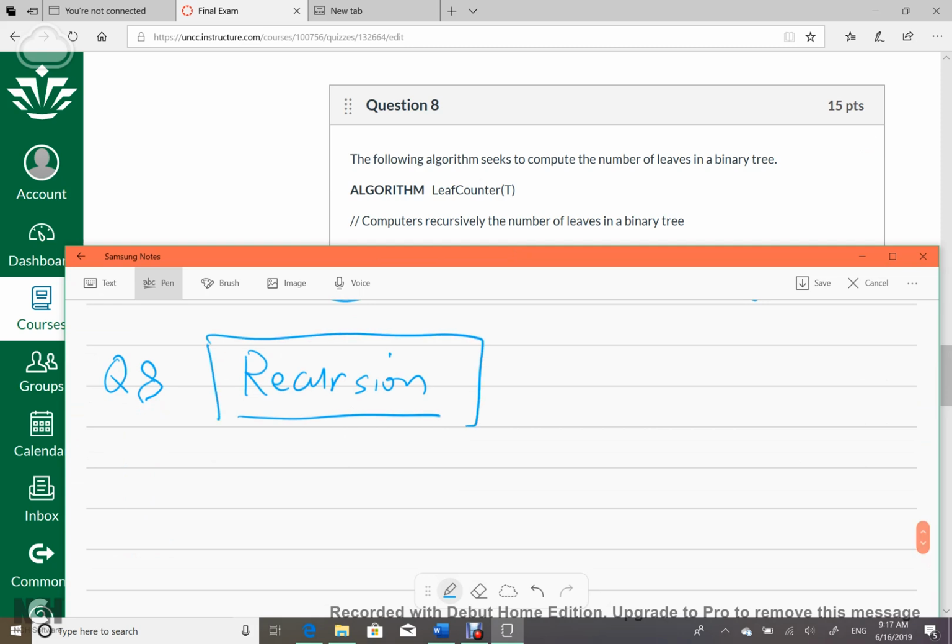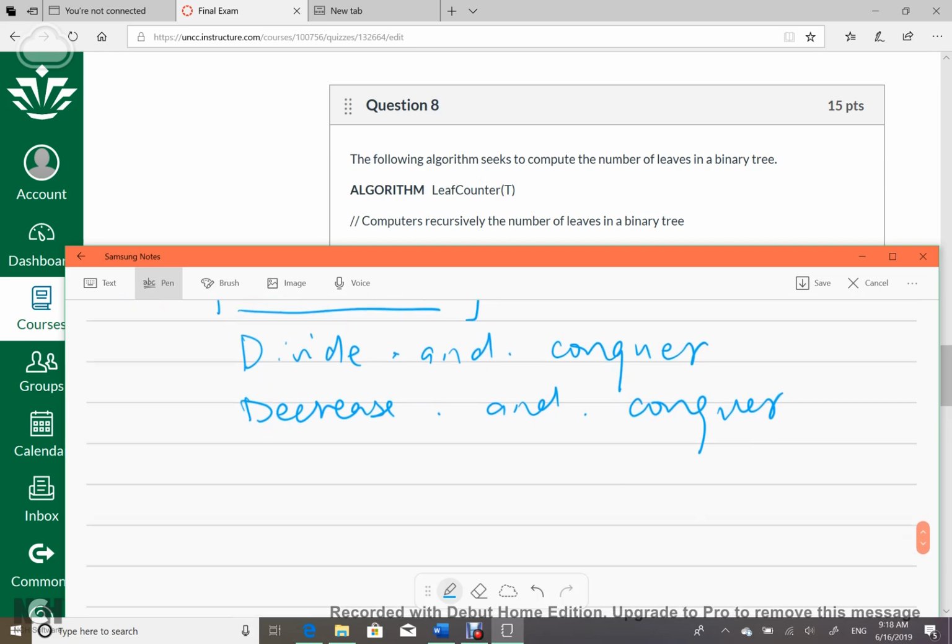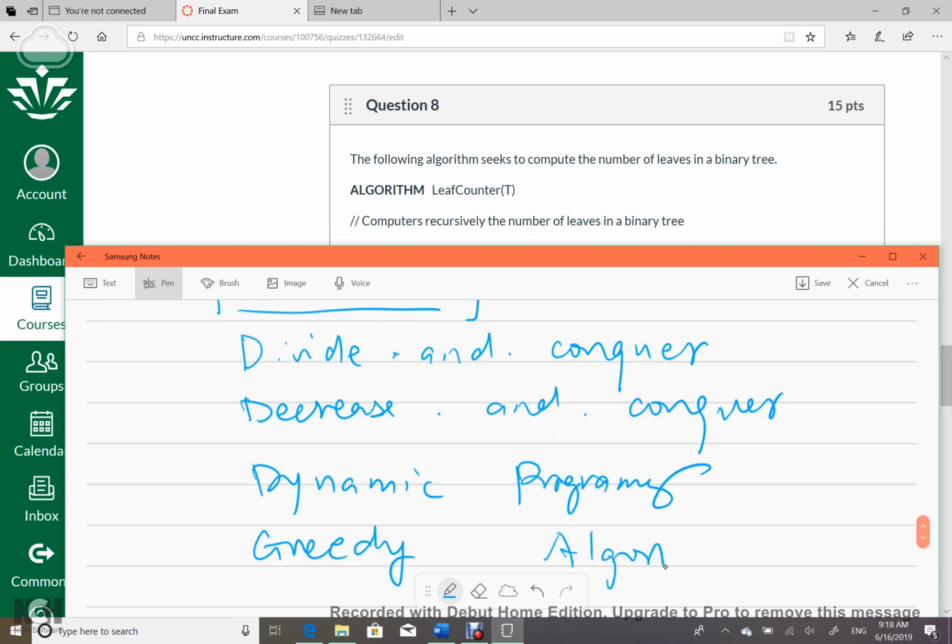And we see in this semester, we use recursion or not. Different techniques, we use recursion, we use that: the divide and conquer, decrease and conquer, dynamic programming, greedy algorithm, or we use recursion.